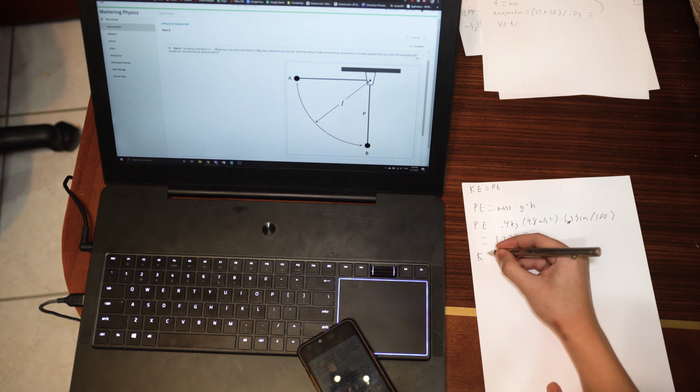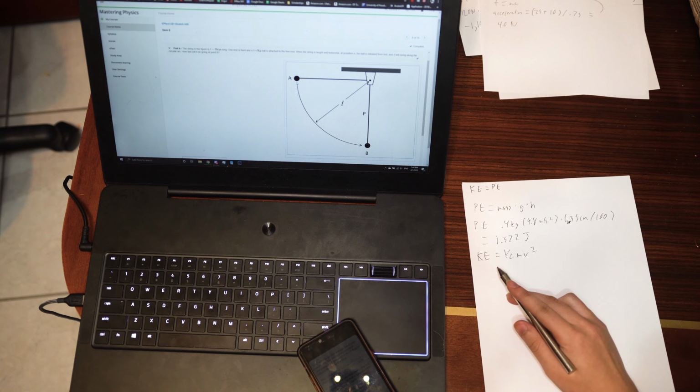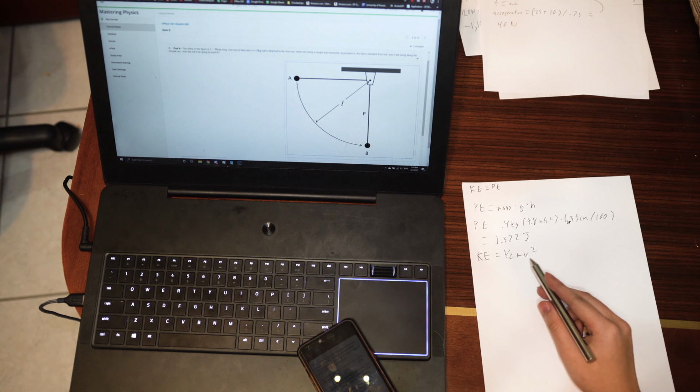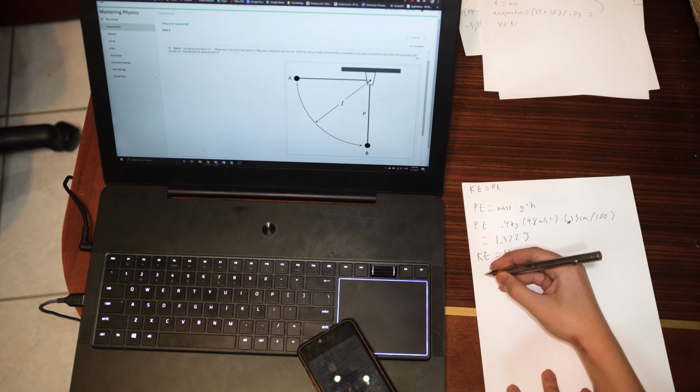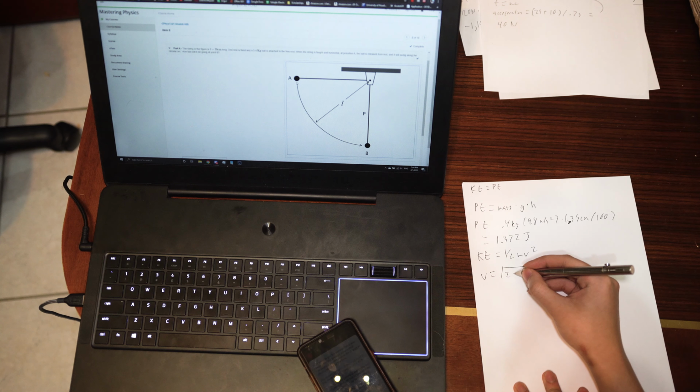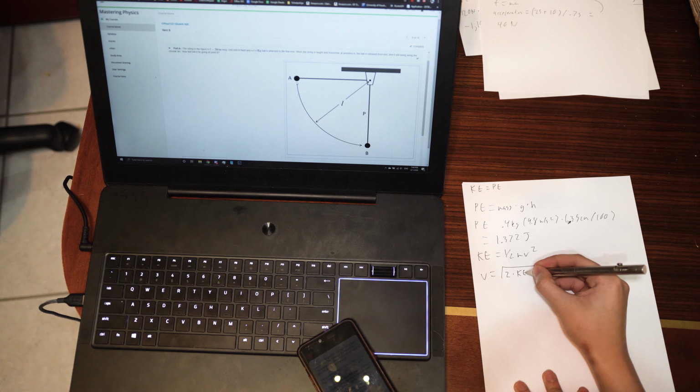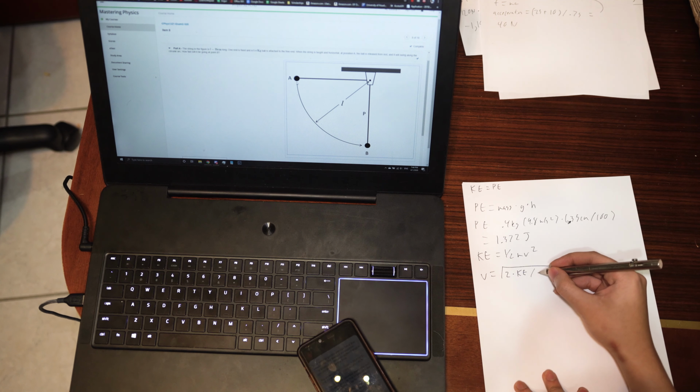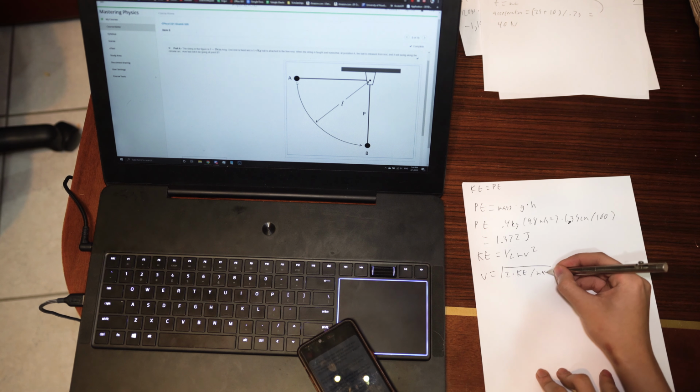Now we know that our kinetic energy has to equal this value. Kinetic energy is just 1/2 mv squared. However, we want to solve for velocity, not kinetic energy. So we're going to turn this formula into the square root of 2 times kinetic energy divided by mass.